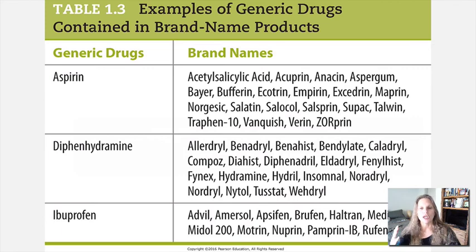Okay, so in this video, we went over the naming of drugs. So the options are chemical, which is the chemical composition, generic, which is the name given to the drug when it starts to be tested, and if it's approved and incorporated into the USP, that generic name will become the official name.